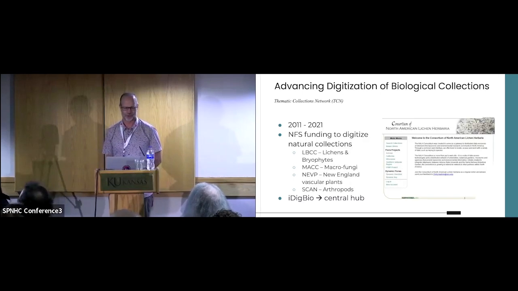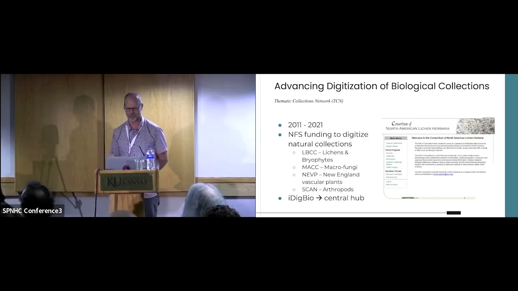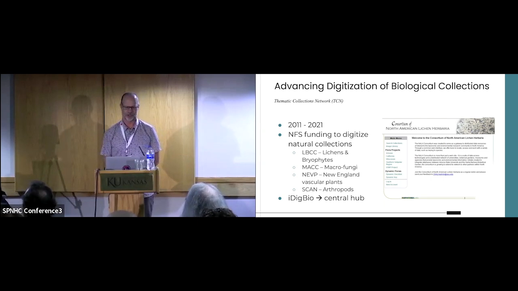So in 2011, NSF established a digitization initiative called Advancing Digitization of Biological Collections. It was established by the Obama administration, and it was a 10-year period. As part of this initiative, they would award 2 to 4 projects per year.